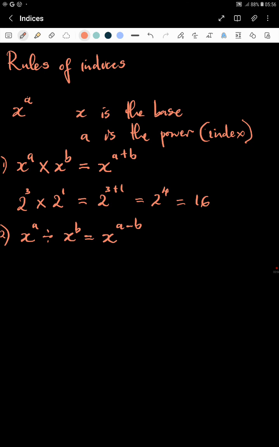For example, if I have 3 to the power 2 divided by 3 to the power 1, this is going to be 3 to the power 2 minus 1, which gives us 3 to the power 1, which is just equal to 3.